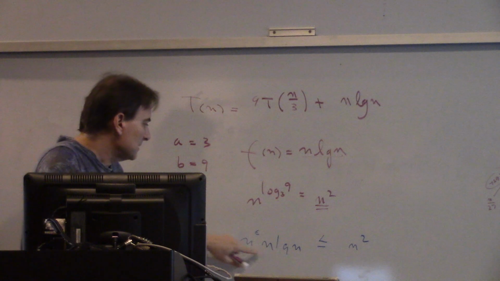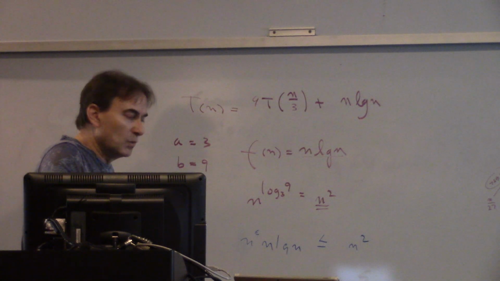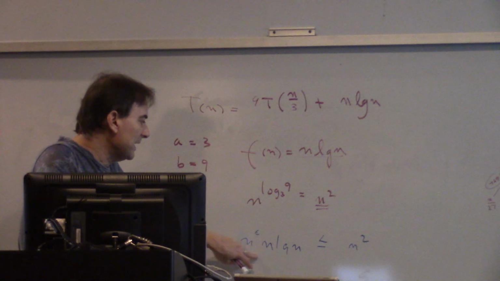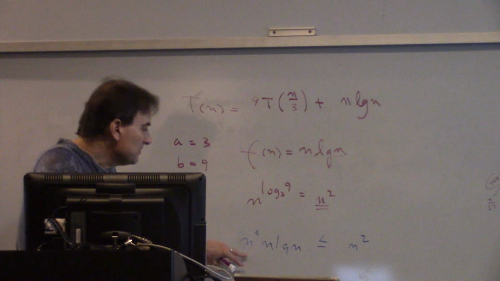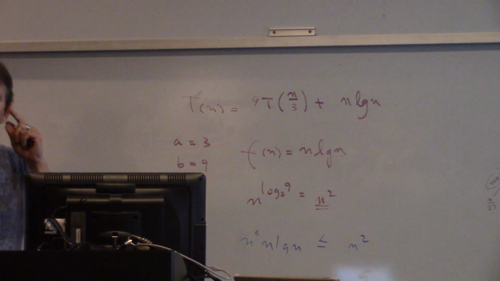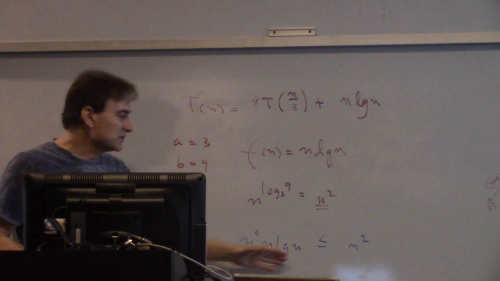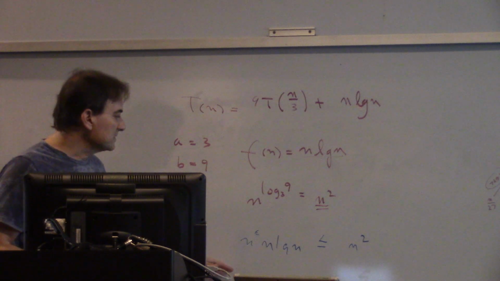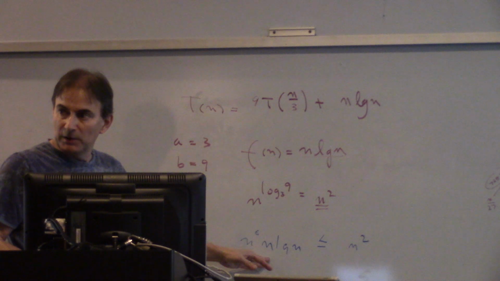This is n times n to the epsilon. What am I trying to find? If I can find the epsilon, what does it mean? That's the question. If I can find an epsilon that makes this true, then I will recognize the fact that f of n is polynomially smaller for a positive epsilon.